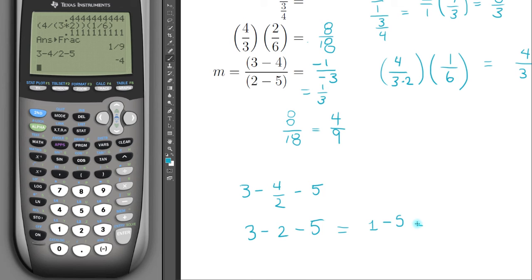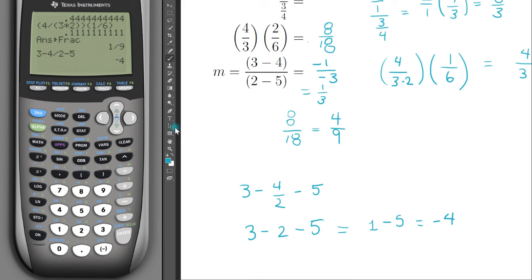Minus 5 is -4. So there you have it. That's what happened when you didn't write the parentheses when you were looking for the slope. So when you're mixing operations, addition and multiplication, or addition and division, or subtraction and division, you must use parentheses in the calculator in order to get the correct answer.